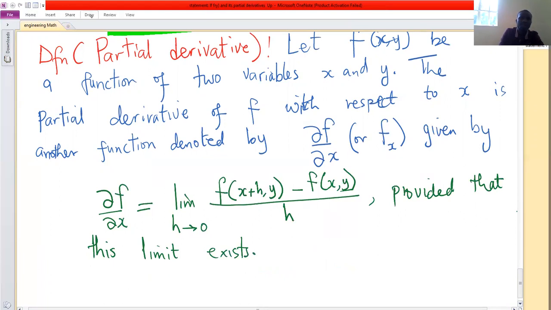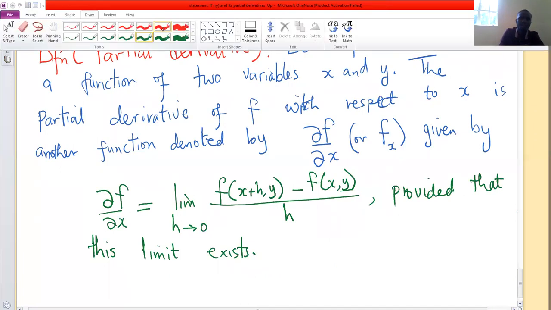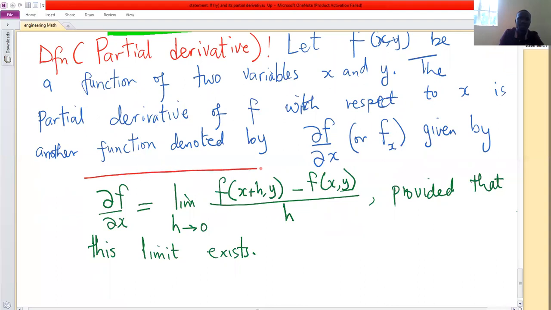So this is the definition of the partial derivative of the function f with respect to x.